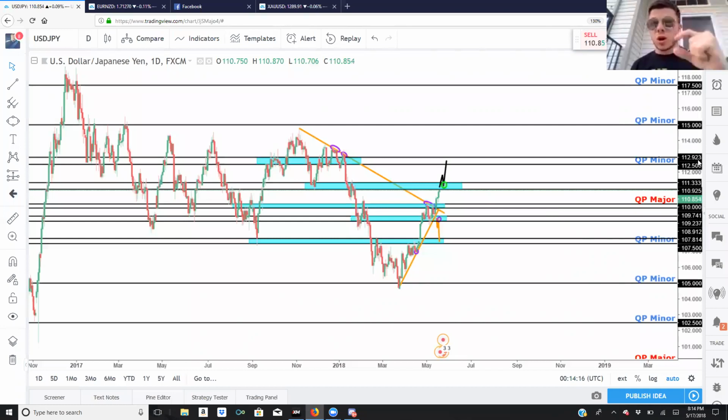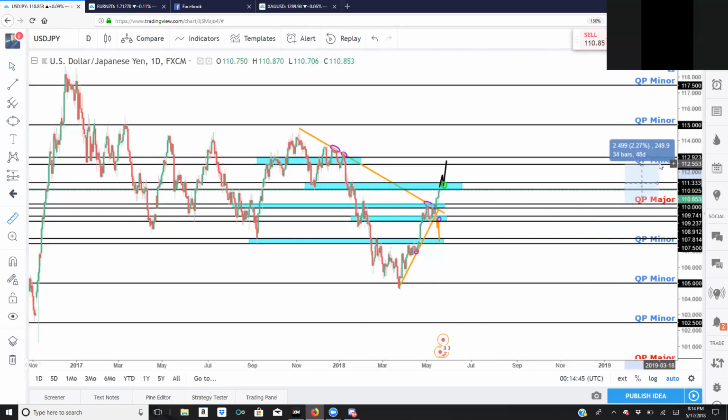You're not counting the pipette, and you're just going to be counting 250 pips from these last 3 numbers. I don't count the last one. So what is 250 from the 110?